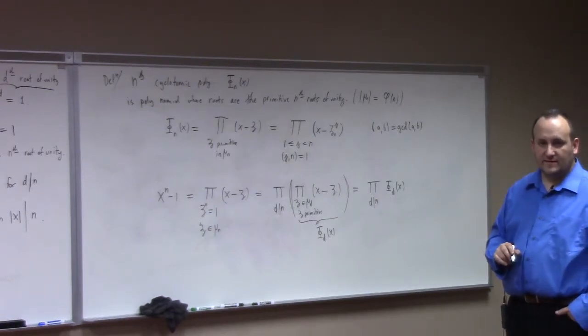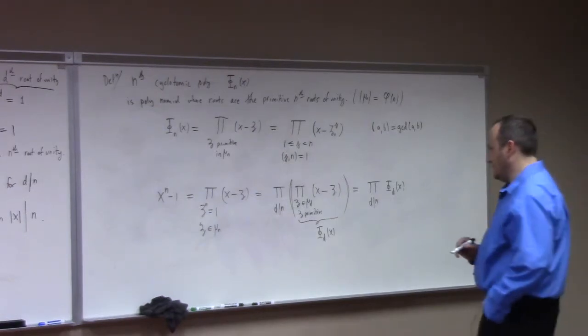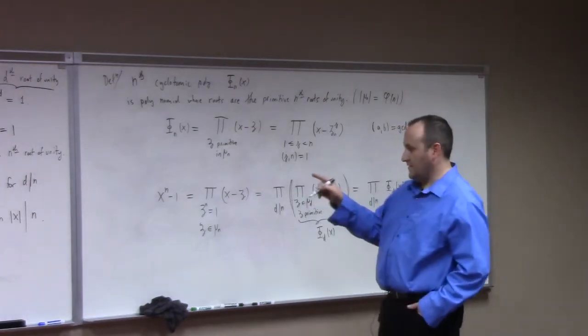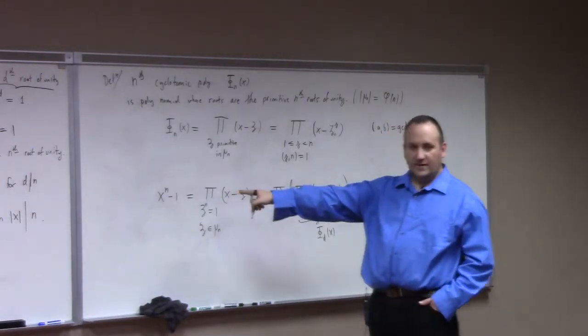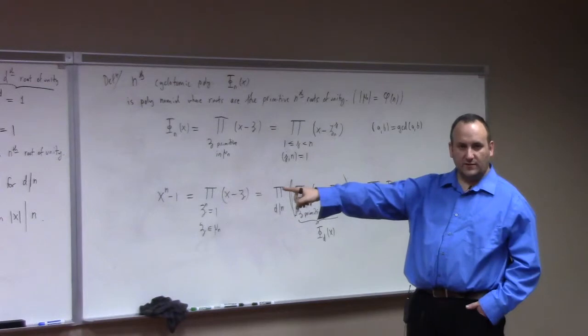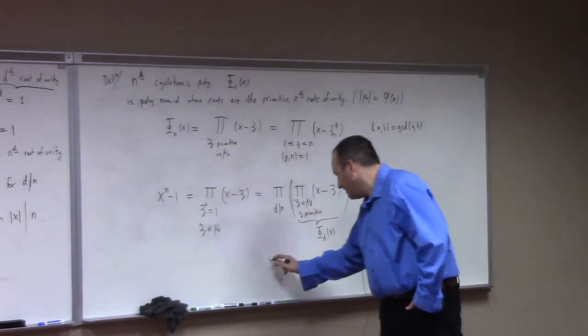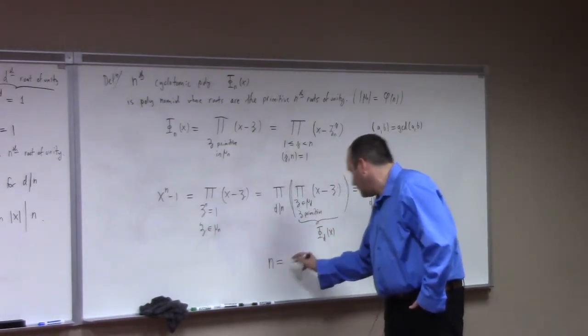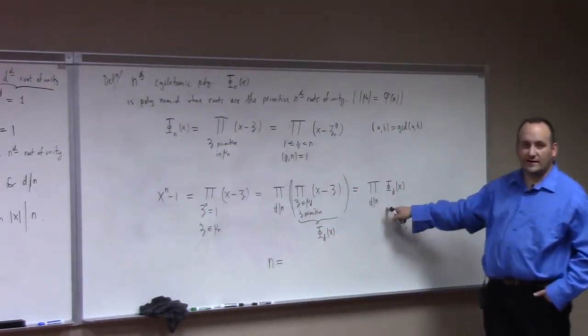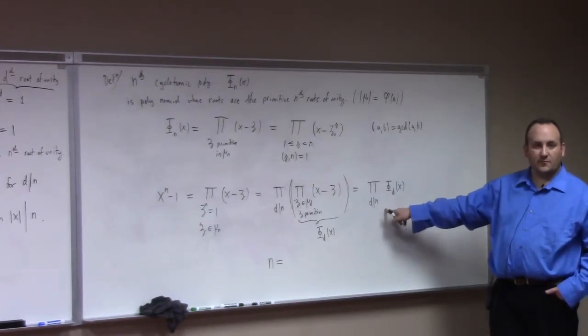You might recognize the following homework problem. Take the degree of the left-hand side. What is the degree of the left-hand side? N. What's the degree of the right-hand side? If you've got a product of polynomials of various degrees, how do you find the degree of the net thing?